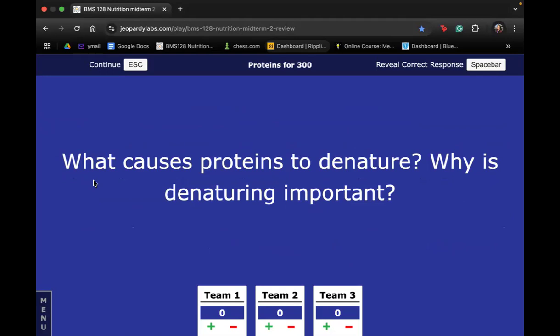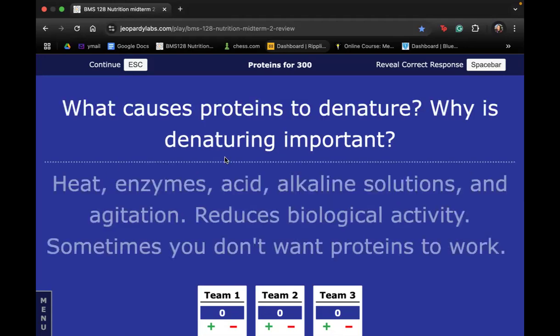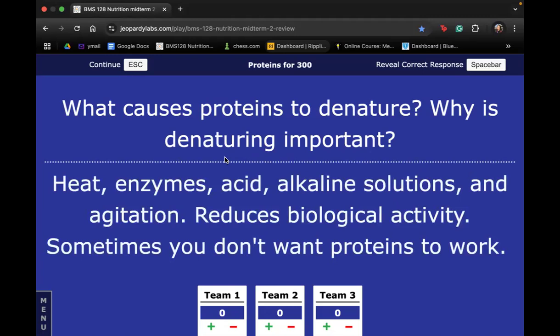Yeah, temperature is a cause as well as acid. Denaturing is breaking down the proteins so they're not functioning anymore. And it's super important because you don't want to consume the protein and have it still have its function. Because that'd be kind of scary. You don't know what it's going to do to your body.